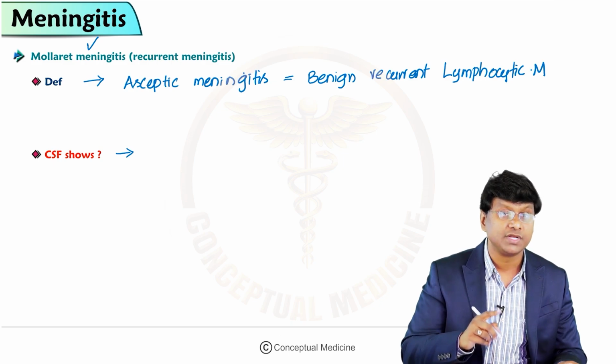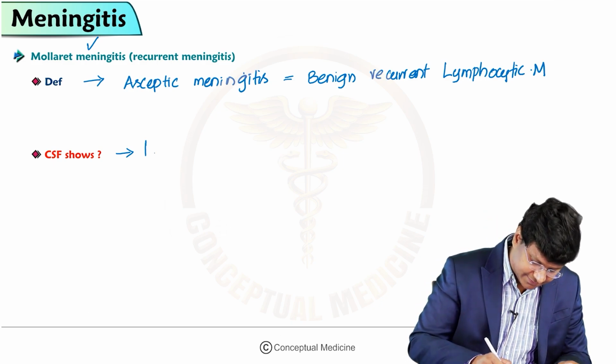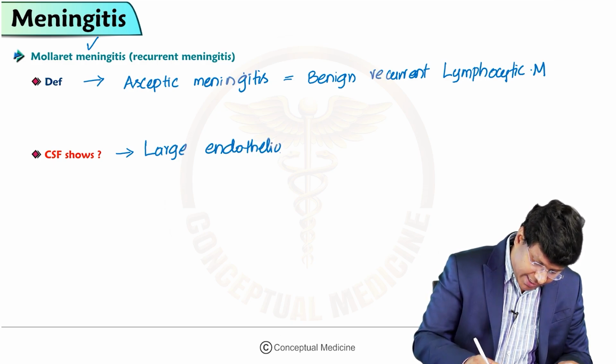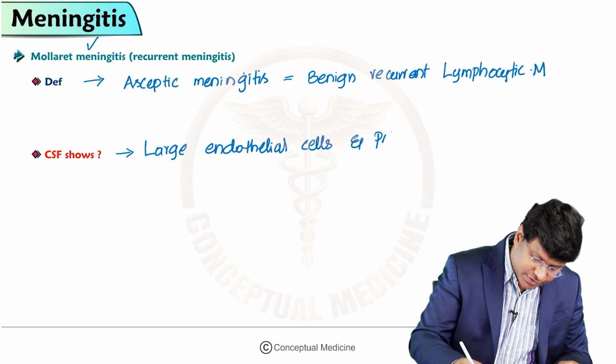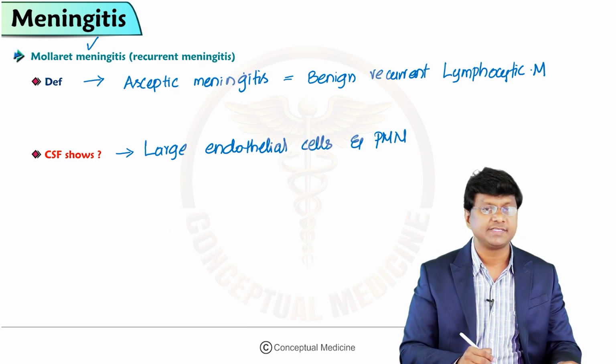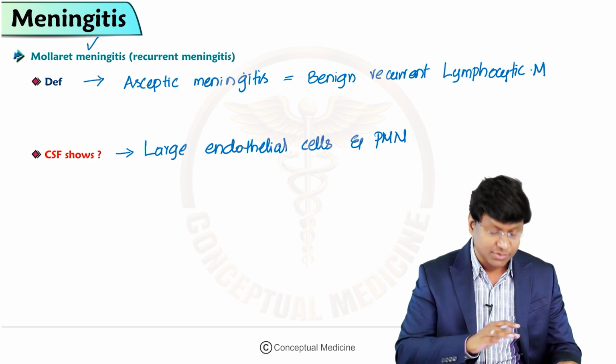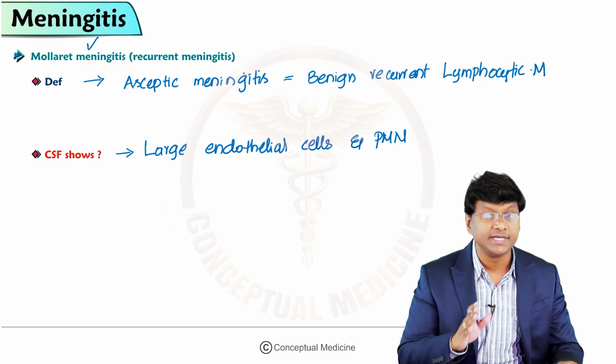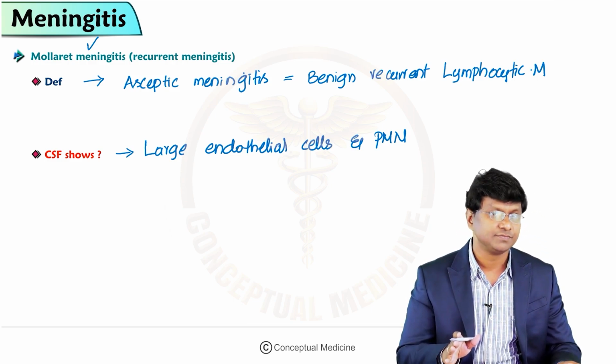The CSF shows large endothelial cells and polymorphonuclear leukocytes. That is what you will have in the CSF. So this is your Mollaret meningitis, or the recurrent meningitis, right?